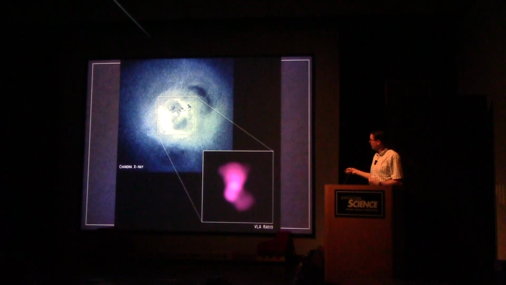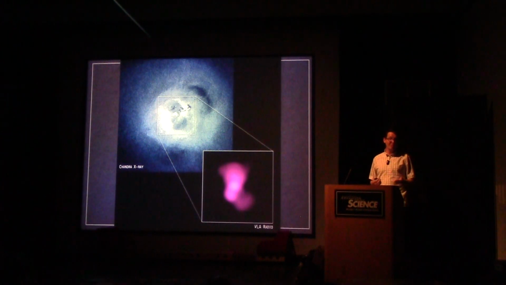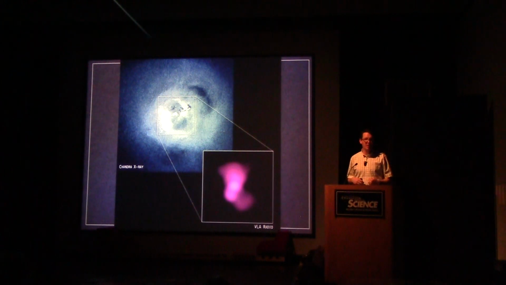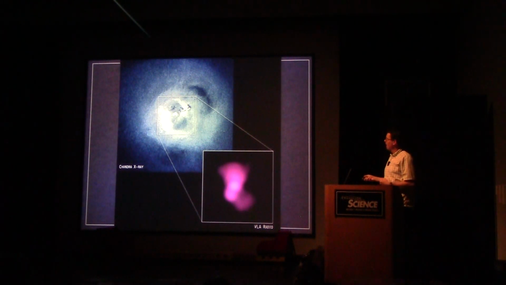But what you also see are two bubbles, right? Two empty spaces where there isn't any hot gas, or there's less hot gas. And that correlates with the radio emission that we see from the center of NGC 1275. So these are radio jets that are plowing into the gas in the intergalactic medium outside NGC 1275.